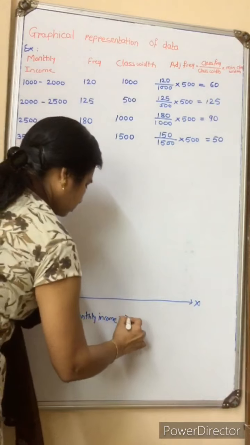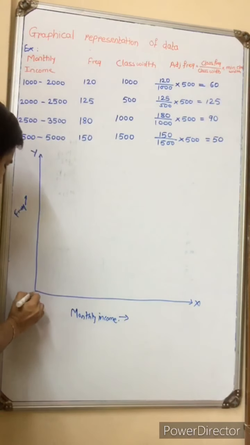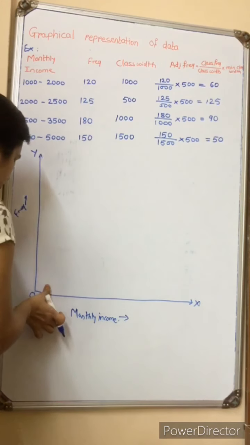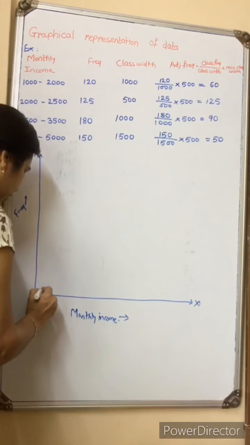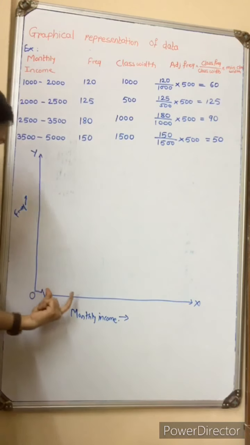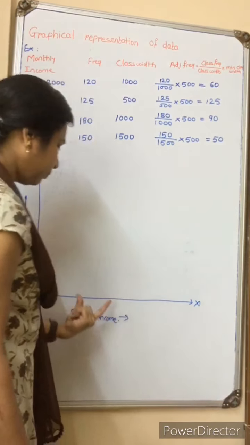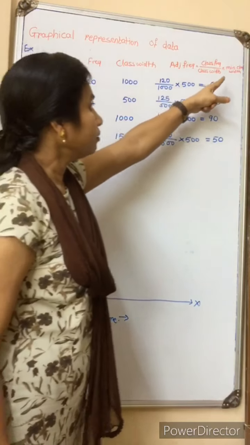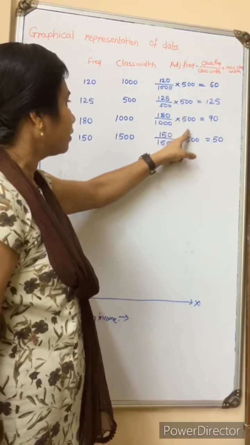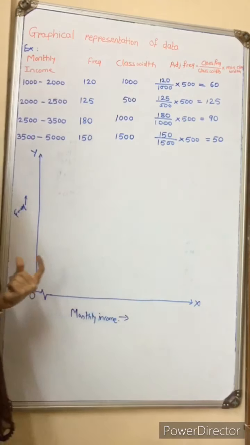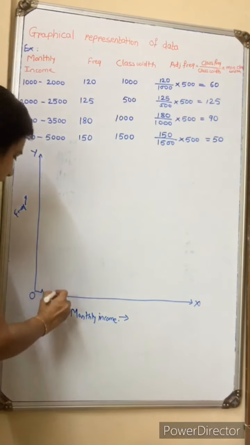O is the origin, and here we cannot have the same scale, so we have a break. Now you must take the proper difference, and here if we consider minimum class width as 500, we go for the difference of 500.